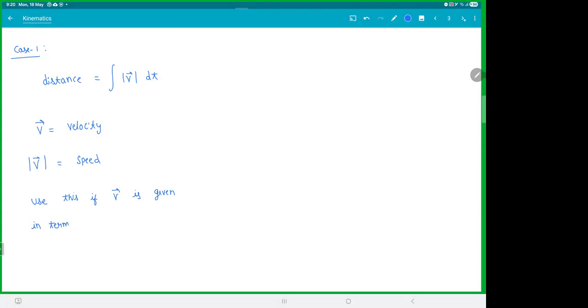Case two. Now, sometimes you'll get a path. Let's say it is going like this, some random path, and they ask you to find that distance here.